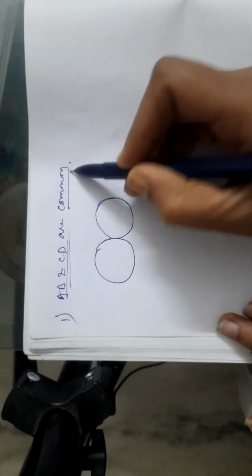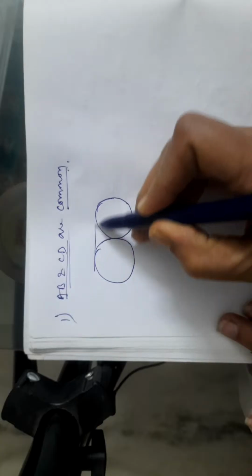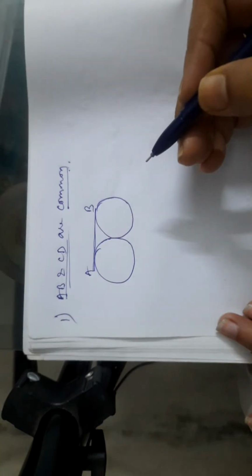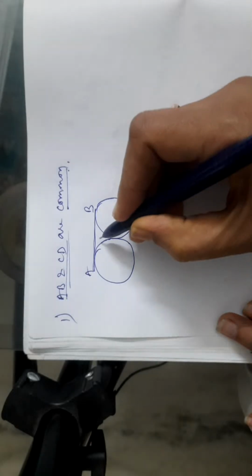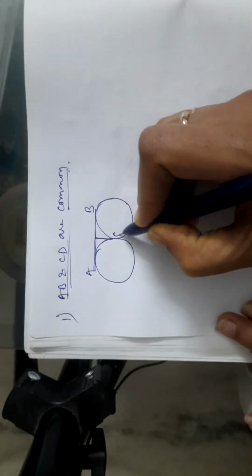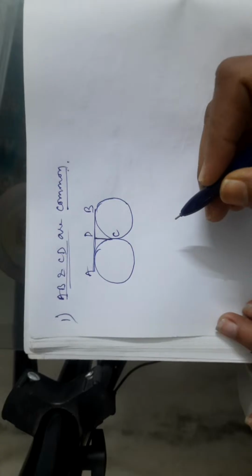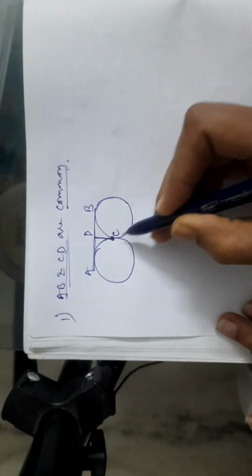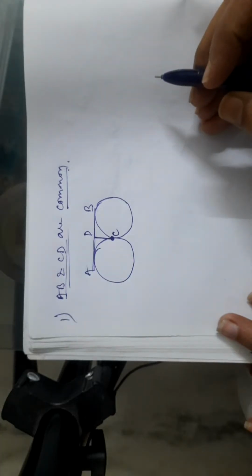The first tangent is AB, whereas the second tangent is CD. The two circles are being touched at point C.